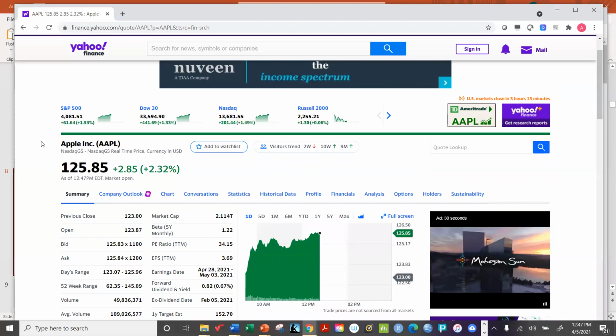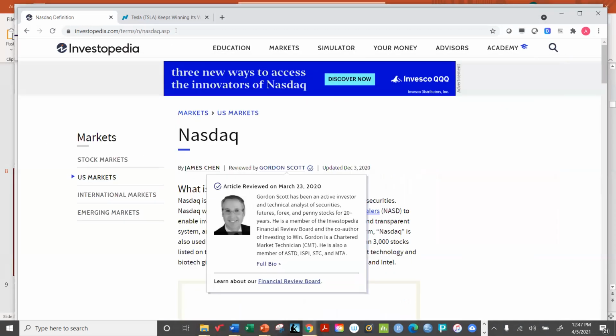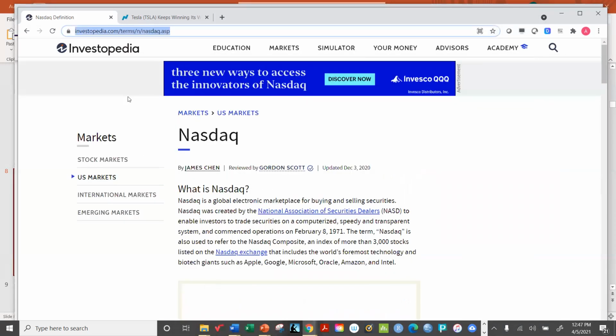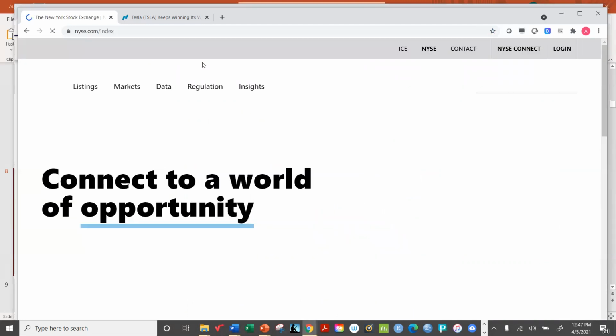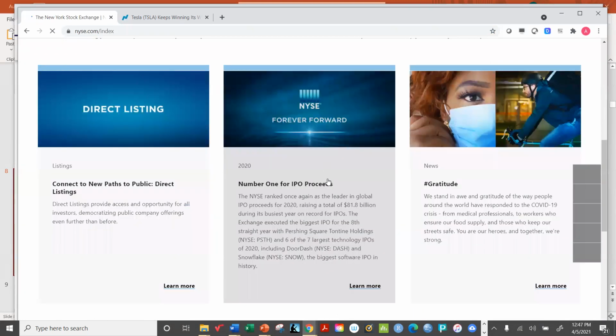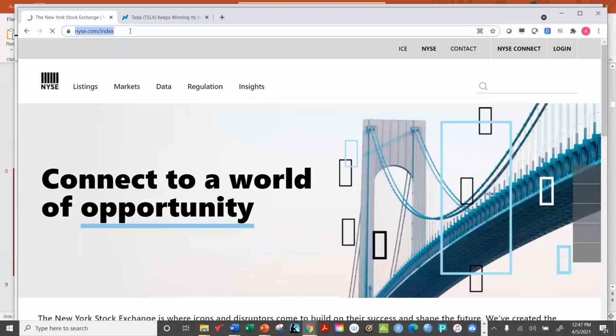Now you probably have all heard of the Dow Jones Industrial, or well, actually, I should think about this as the New York Stock Exchange is in Manhattan. You may have seen it down there in the Wall Street area. This may be the oldest stock exchange in the country. I think it might be. Let's check that out.